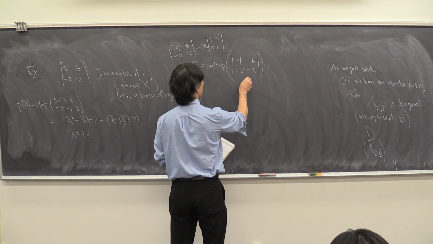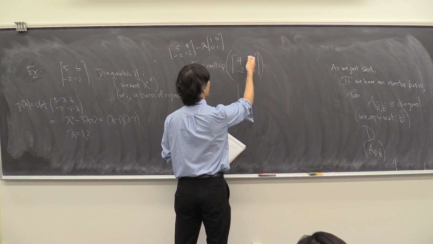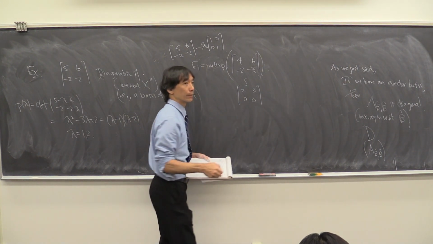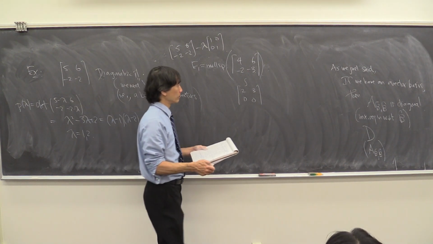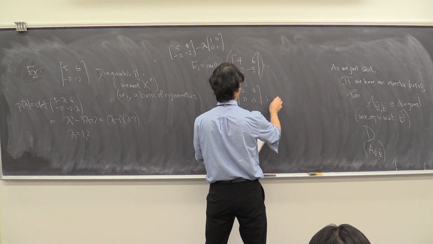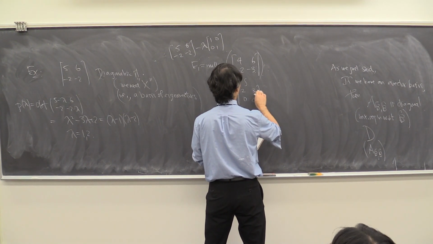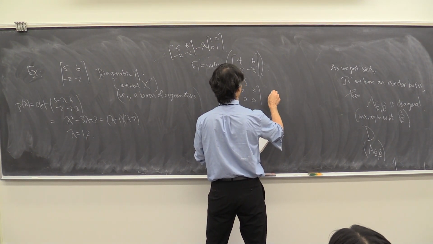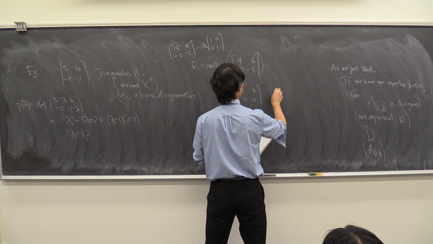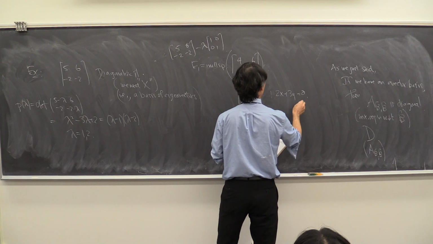This thing is equivalent to, we can get rid of one of these rows, 2, 3, 0, 0. And so we see that 2x plus 3y must be 0.